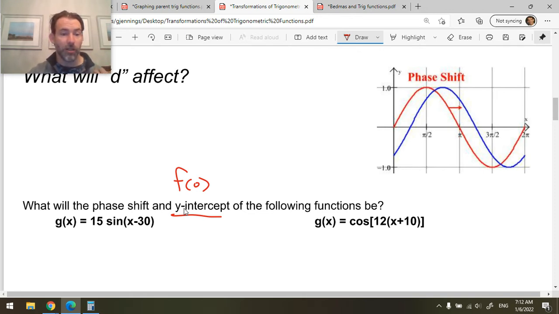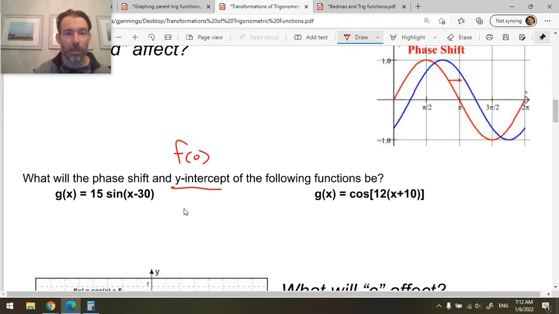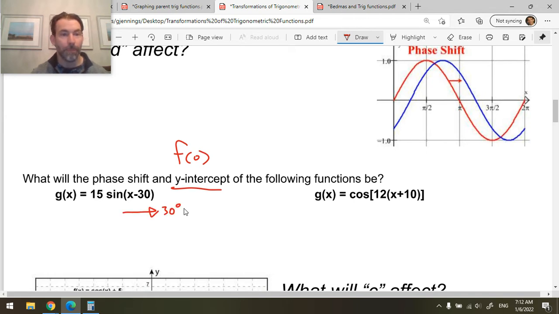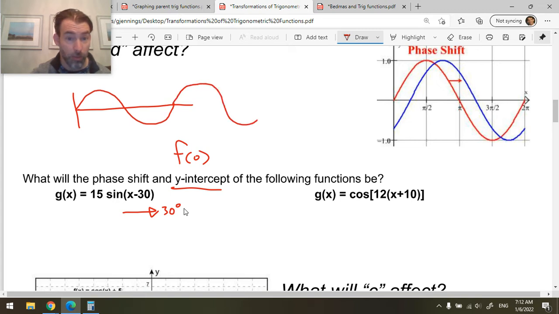That will give us the y-intercept. So the phase shift here, x minus 30, this one has been shifted to the right 30 degrees. Okay, so if we imagine our parent function, which started in the middle and went up to a maximum at 90 and down, and then completed a cycle at 360 and continued, then we have moved that 30 degrees that way.